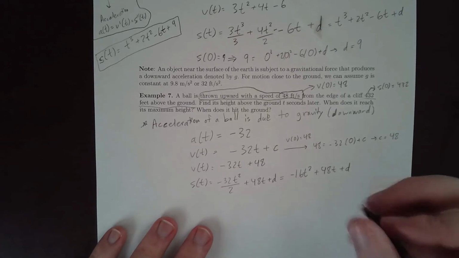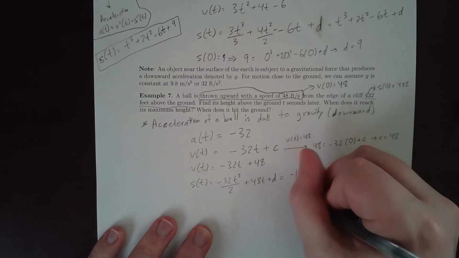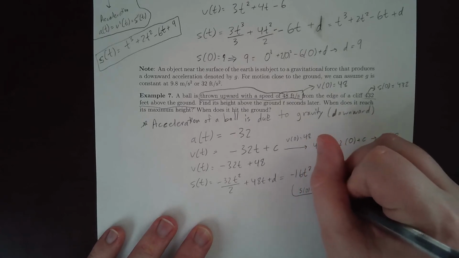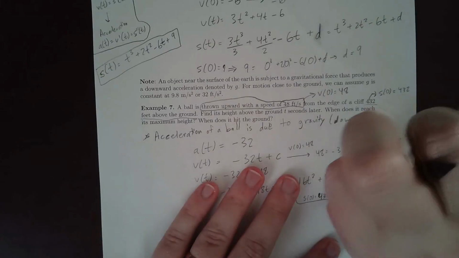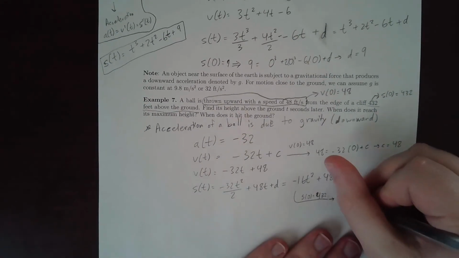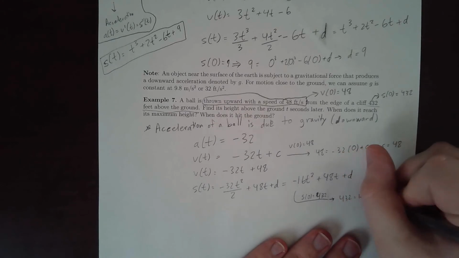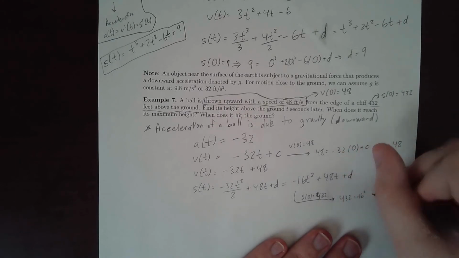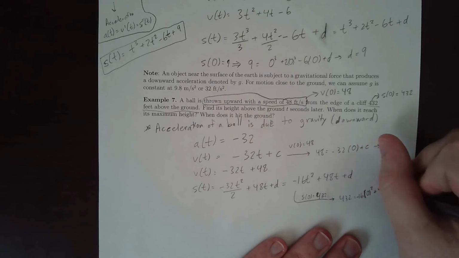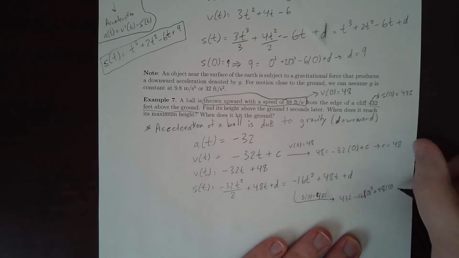So if we use that, s of 0 equals 432, what that tells us then is that 432 equals negative 16 times 0 squared plus 48 times 0 plus d.